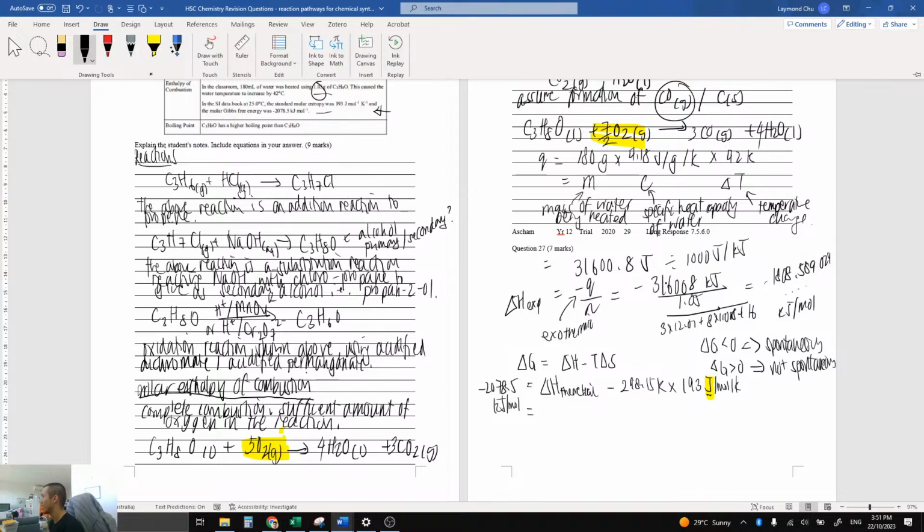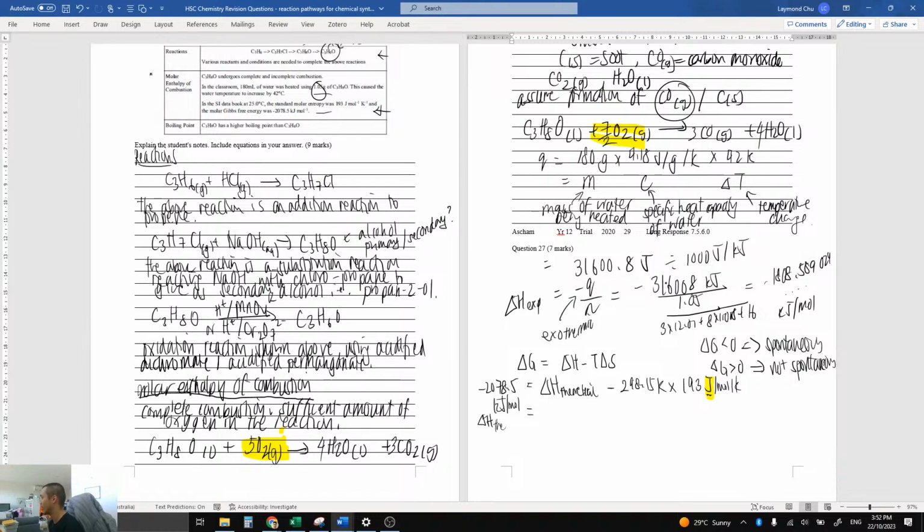Therefore the delta H theoretical is 278.5 minus 298.15 times 193 divided by 1000. And that number happens to be 2020.95705... kilojoules per mole, and don't forget the negative sign, meaning exothermic.